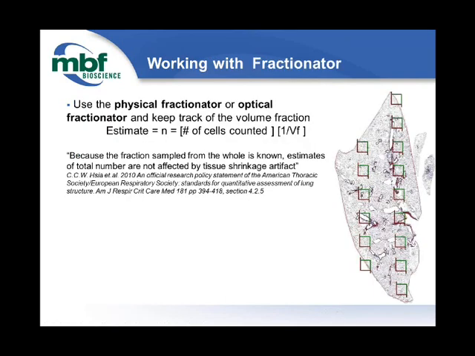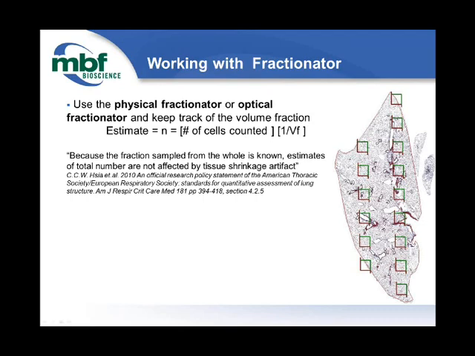In the lung literature, and here's a reference, they also recommend that if you can keep track of the volume fraction, you do it. So rather than the NvVref method where you're taking a density and multiplying it by a reference volume, the Fractionator method has you keep track of the volume fraction. So for instance, and here's the volume fraction at the right of this equation, if you sample 1/500th of the whole three-dimensional organ, you're going to take all of the cells that you counted in all of the virtual spaces.